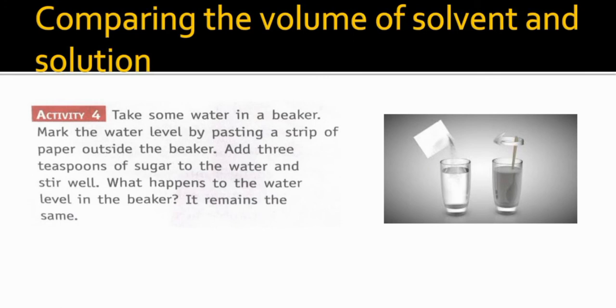Then after mixing sugar, you have to find out whether the level of the water has increased or not. But when you see after mixing sugar inside the water, you will find out that the level of the water has not changed.